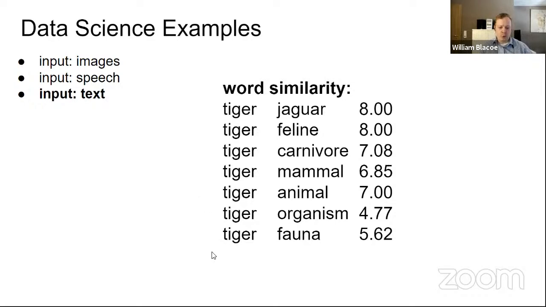What can we do with such occurrence counts in large collections of texts? Well, we can do one thing, that is predict word similarity.